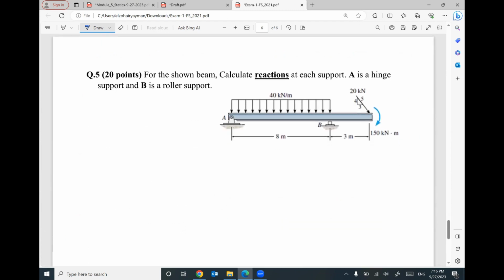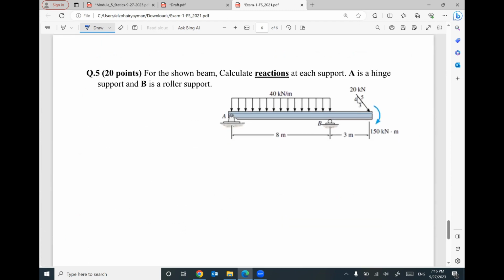The last problem that I will solve to the end: we are given a beam, a rigid body, and we are looking for reactions. A is hinge, so I have 2 reactions at A, YA and XA. B is roller, so I will have only 1 reaction at B, YB.